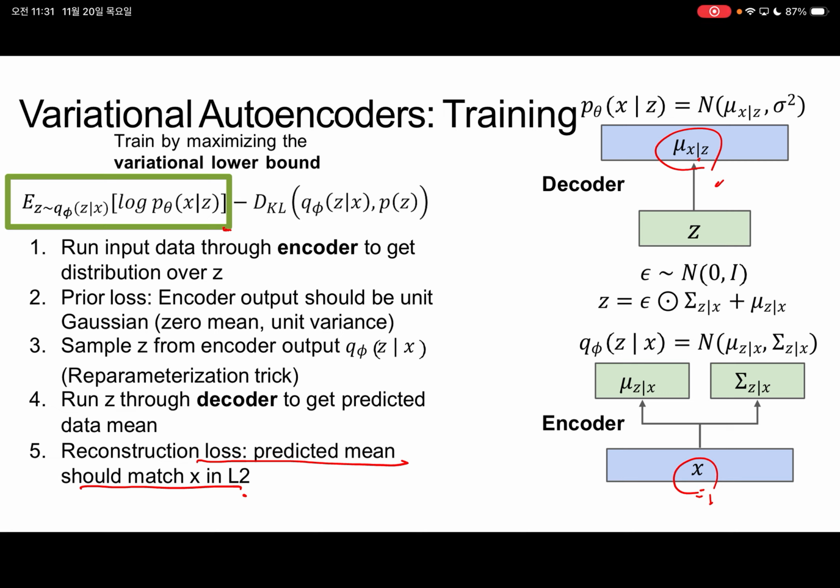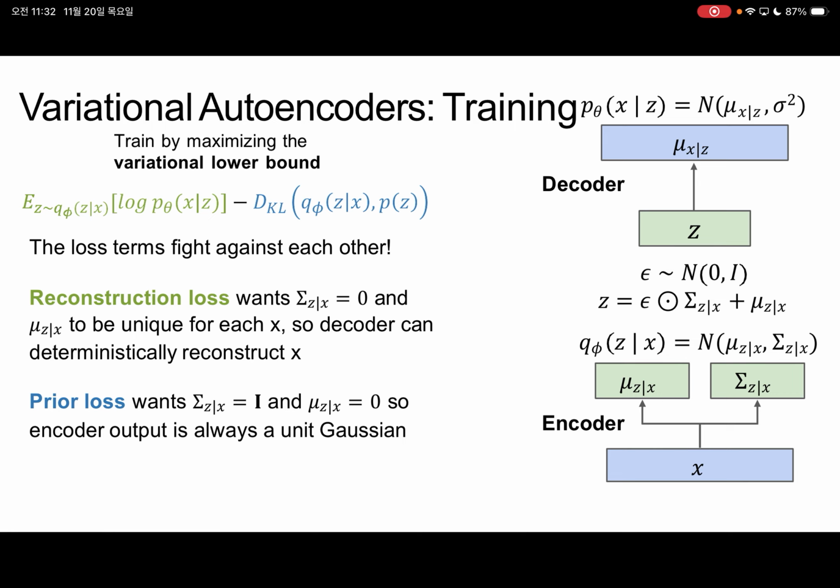And as I said, this one is computed on this side. We calculate KL divergence between our estimated Gaussian distribution and the normal Gaussian distribution, so that we can make z follow the normal Gaussian distribution. So here, right, reconstruction loss and prior loss.